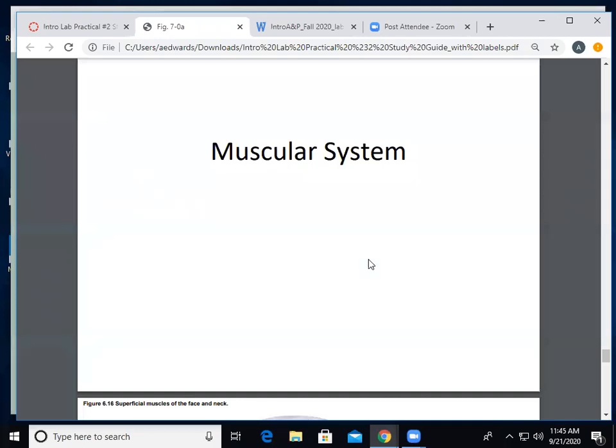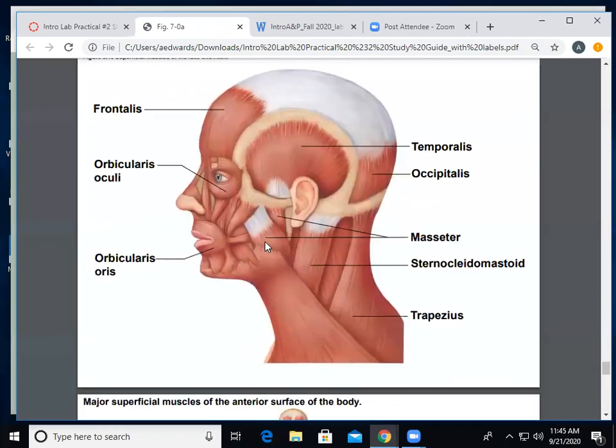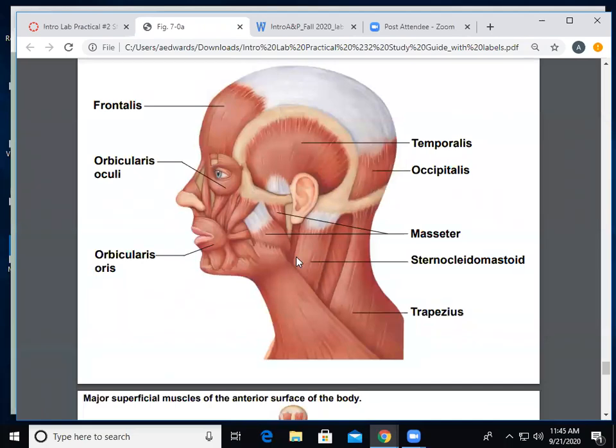Okay, so with the muscular system, we'll talk about a few different things. We're going to start with muscles of the head and neck. Those of you who are here in class have some models at your tables. If you're watching this at home, you can go to the practice anatomy lab inside of Mastering A&P in your lecture.